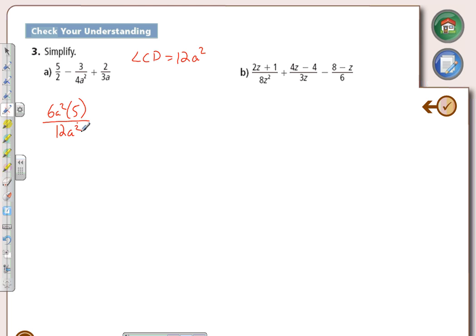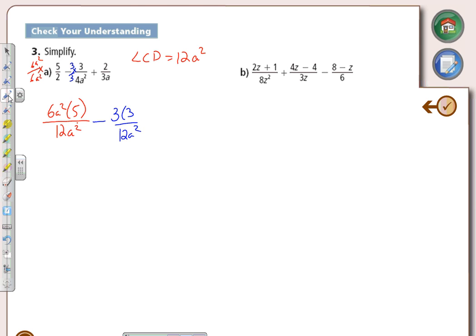So we multiplied that first one by 6a squared over 6a squared. Second one. Okay, and so for the second one here, we need to multiply it to get to the 4a squared to 12a squared by 3 over 3. So we now have minus 3 times 3 over 12a squared.